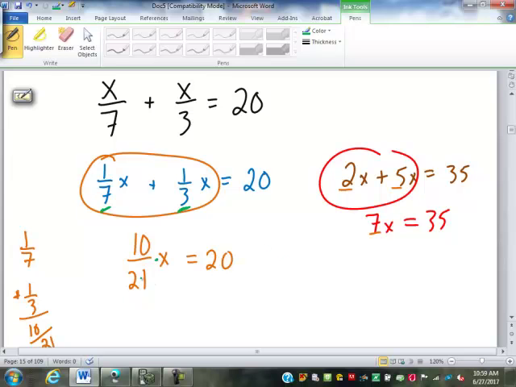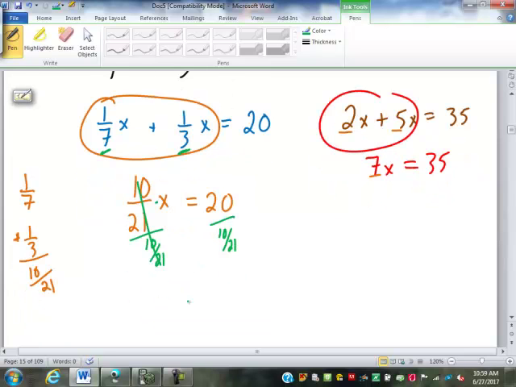X has been multiplied by 10/21, so yes, we divide. So that's gone. We've got x equals 20 divided by 10/21. That's going to become 20 over 1 times 21 over 10. 20 and 10 cross cancel, give me 2 and 1.